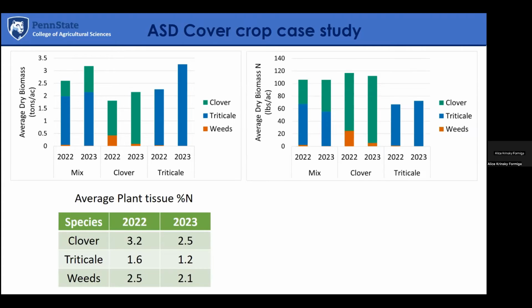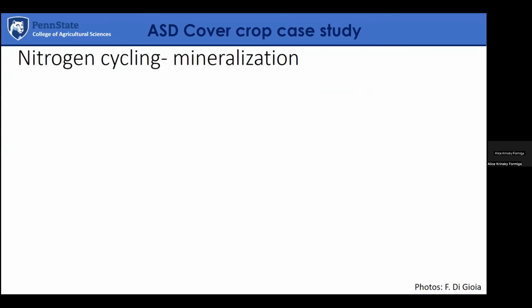So when you consider those differences in the nitrogen content, for both the mixture and the crimson clover, in both years, we're looking at about 100 pounds per acre of nitrogen in the above ground biomass, compared to about 70 pounds per acre of nitrogen in the triticale. As Francesco mentioned in the pot study, we assessed the root biomass, but in this experiment, we only measured the above ground biomass. So let's look at what's going to happen to those cover crop residues as they decompose.